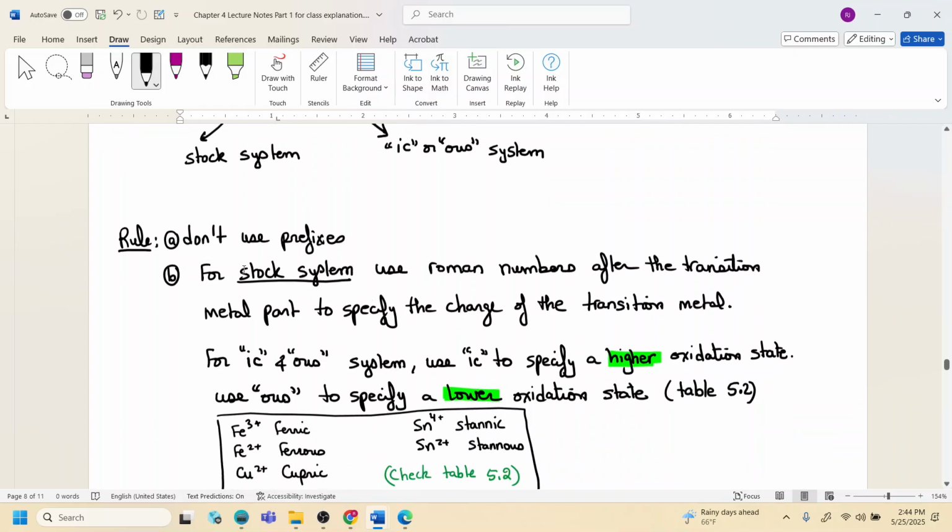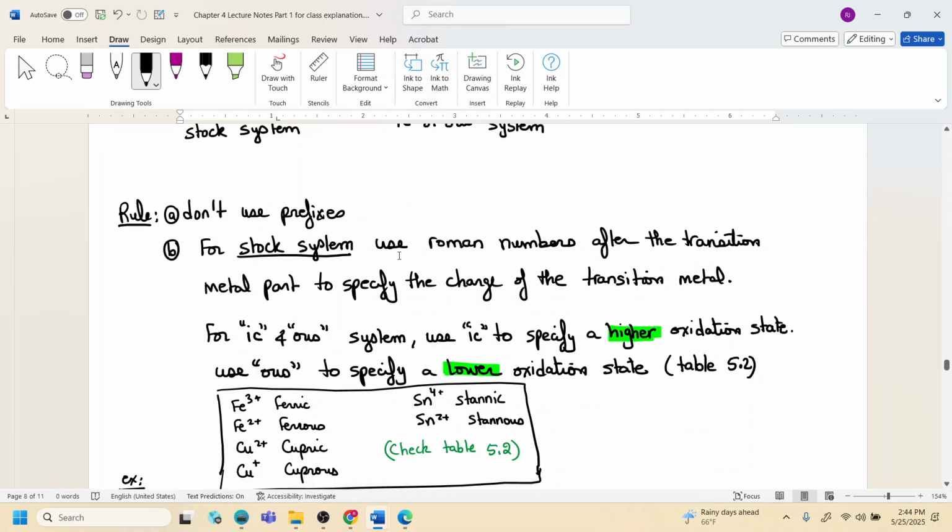What is the stock system? The stock system uses Roman numerals after the transition metal to specify the charge of the transition metal. And this one is more reliable. The -ic and -ous system represents higher and lower oxidation states. You can use either, but not every transition metal is named with -ic or -ous.